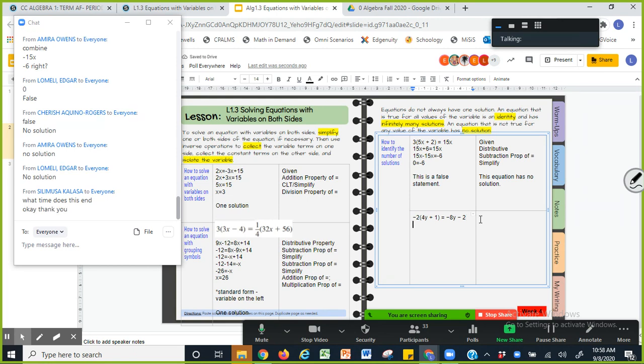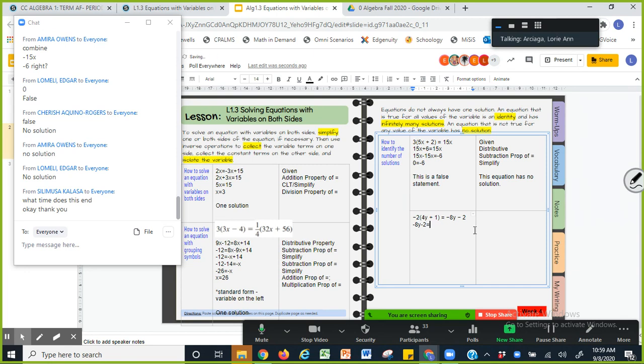If you distribute the negative 2 to 4y plus 1, what do we get? You get negative 8y. Remember, negative times positive is negative. Then negative again, because that's a negative 2 and a positive 1. So you get negative 2 when you multiply 2 times 1.